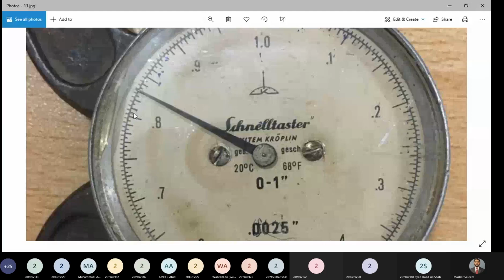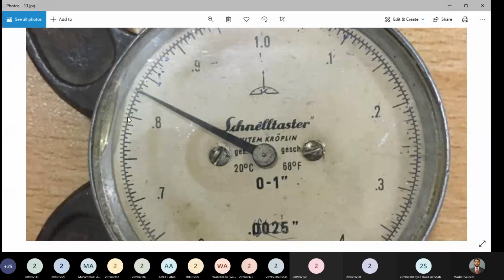So the distance between this big line and this line is 0.005 inch, and that is further divided into two equal parts using these outer lines. So finally we get the least count as 0.0025 inch.